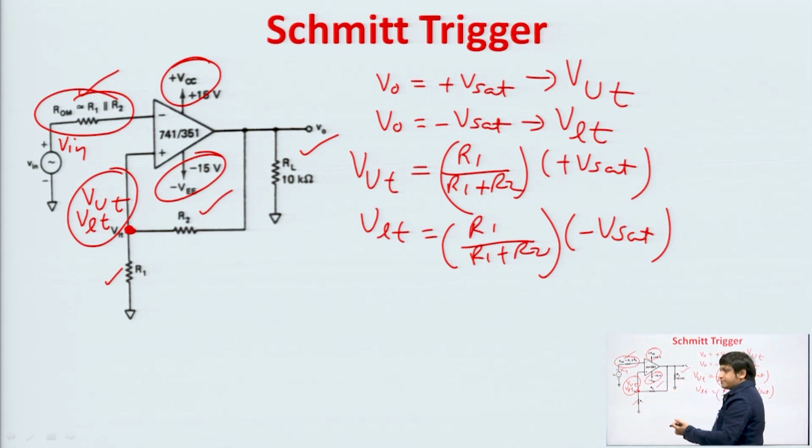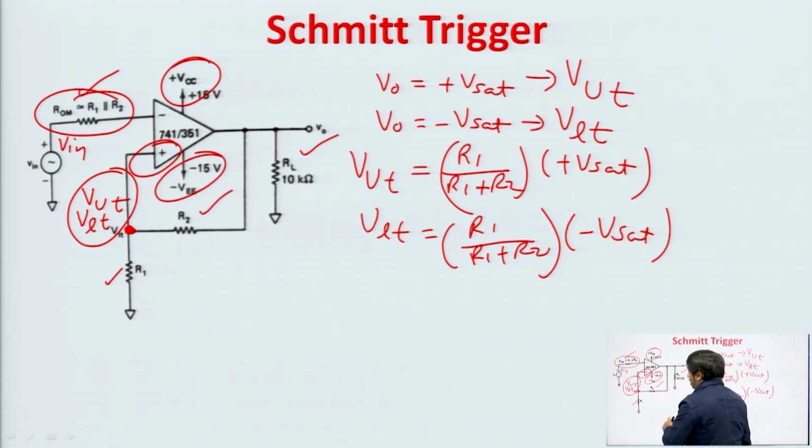Output will be either at plus Vsat or minus Vsat. The reason is that it is utilizing positive feedback. Although it is not in open loop configuration, it is in positive feedback configuration. In positive feedback, the output is added to the input and again amplified, so obviously the output voltage will rise and it will be saturated.